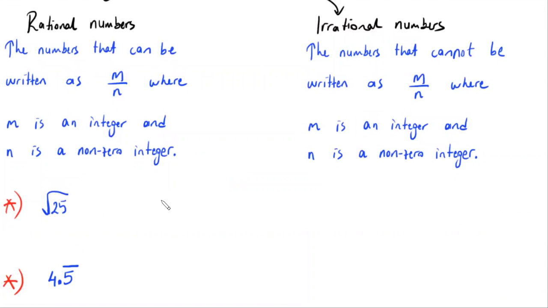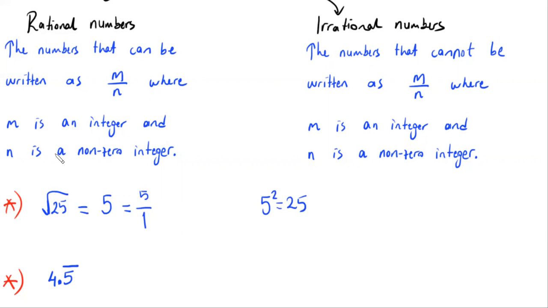For example, as you see, we have square root of 25 here. Since 25 is a perfect square, square root of 25 is going to be equal to 5, because we know that 5 squared is equal to 25. And we can write 5 as 5 over 1, because if you divide a number by 1, you get the same number.